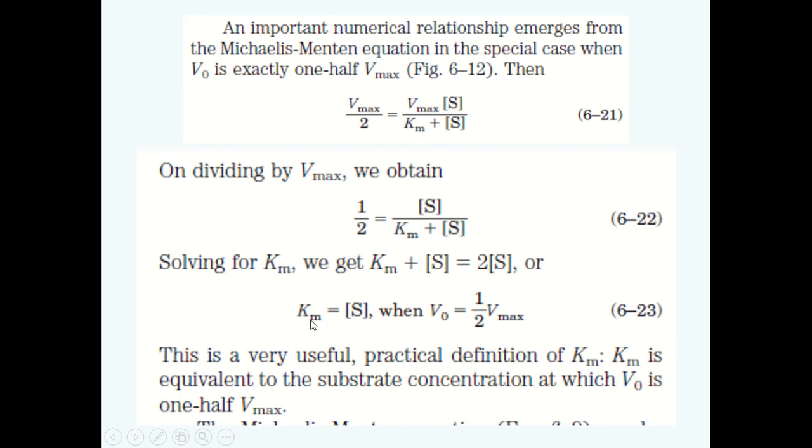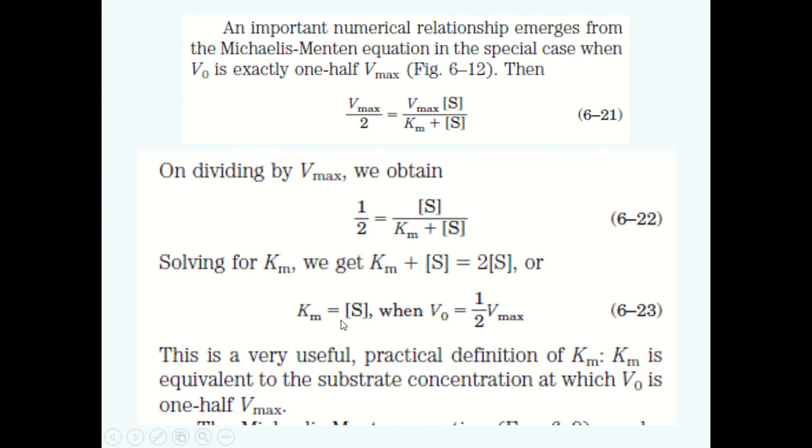From the previous derivation of the equation, we have seen that Km was the ratio of the rates of breakdown and the rates of synthesis of the enzyme substrate complex. But here, in addition, we more appropriately describe Km as the substrate concentration at which the enzyme is operating at half of the maximum rate of reaction. This has a very important implication in enzyme kinetics.